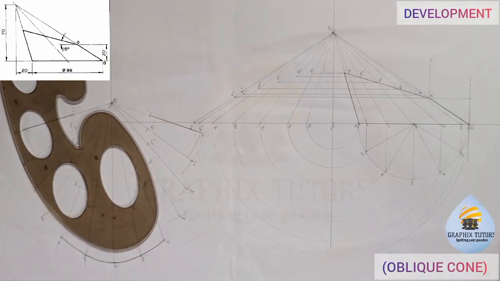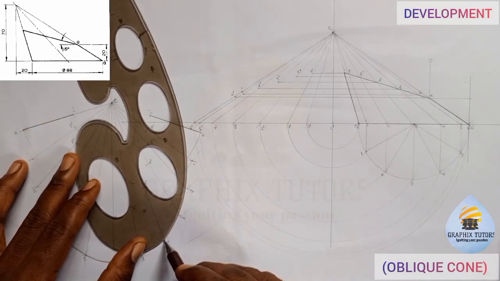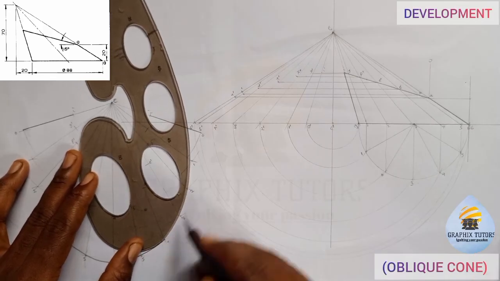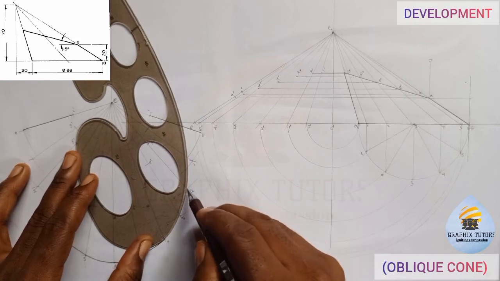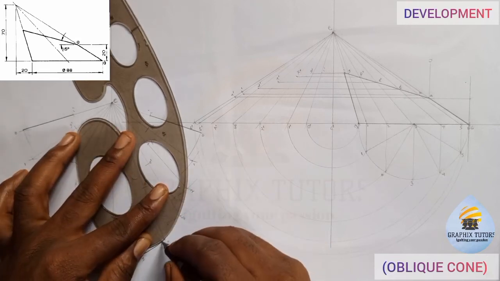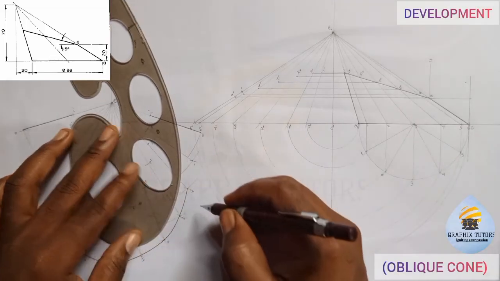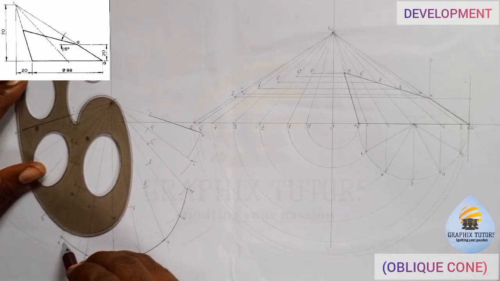Right? Then I'll come here. I'll take 4, 3, and 2 together. This way. I'll turn it here. Take 4, 3, and 2 too.